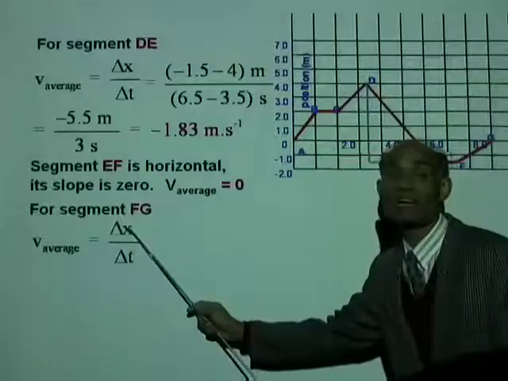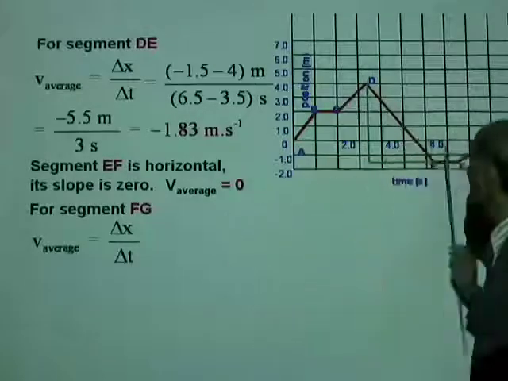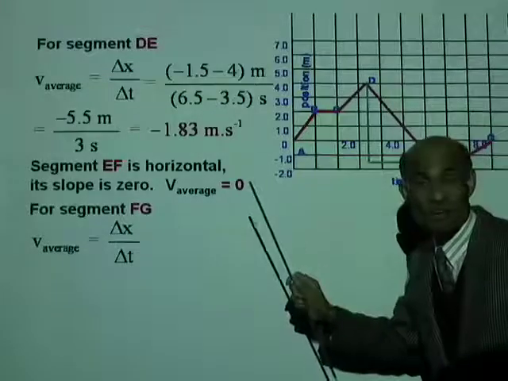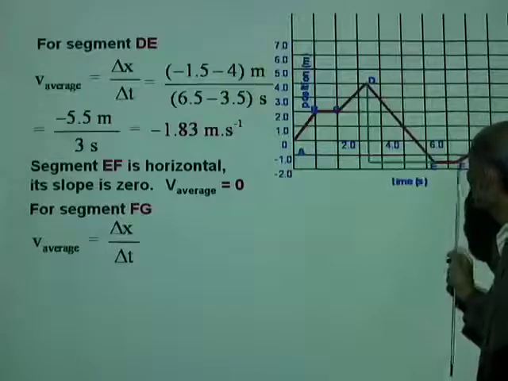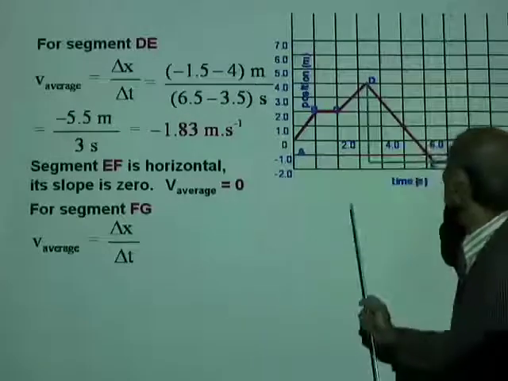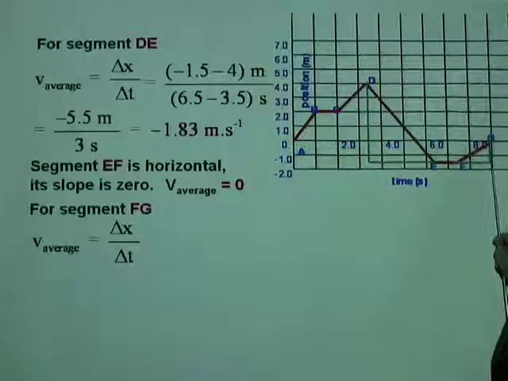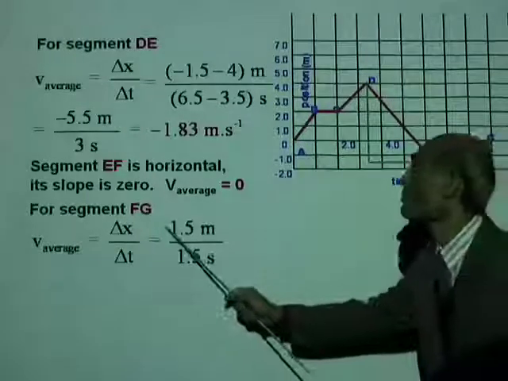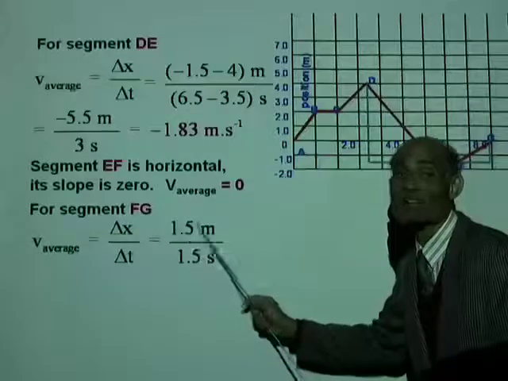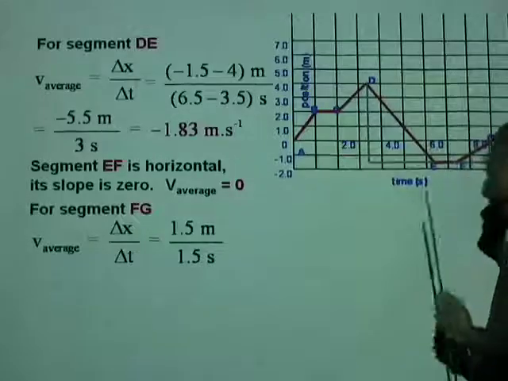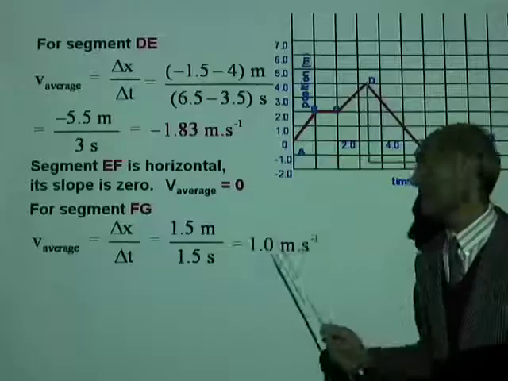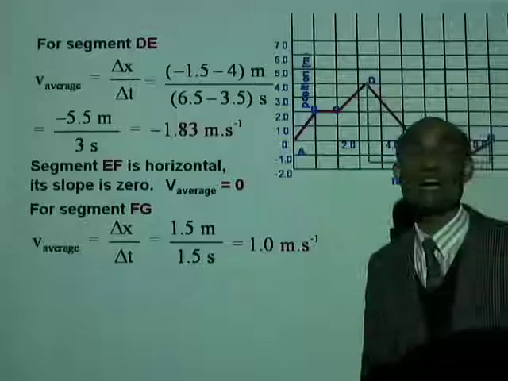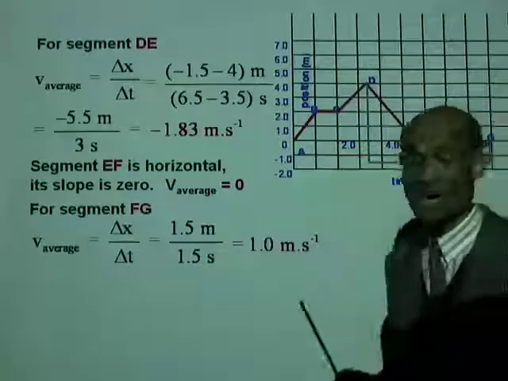Therefore, delta x is 0 minus negative 1.5, final position minus the initial position, which is 1.5 meter. The time interval is 1.5, and that is 1 meter per second, the average velocity during that time.